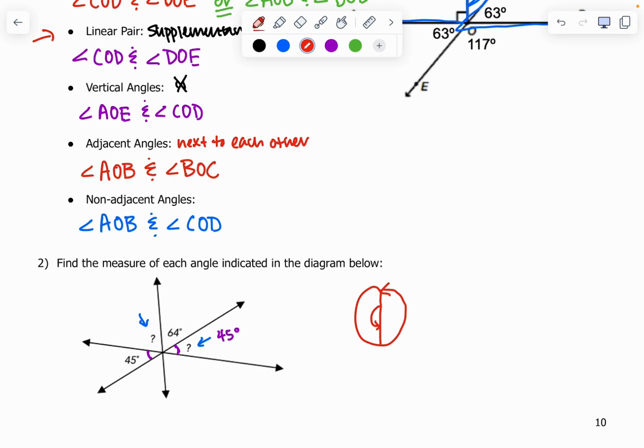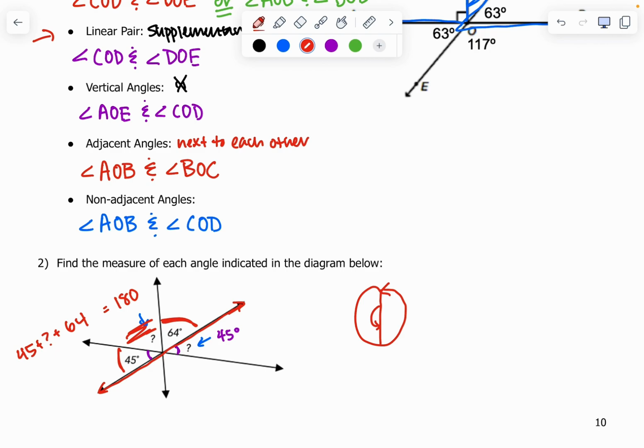So I can see here that I have 2 of the 3 angles that form this line. Okay, I have the 45, I have the 64. Okay, we're just missing what this middle portion is. So because of that, I know that these 3 angles all together should make 180. So 45 plus something plus 64 makes 180.